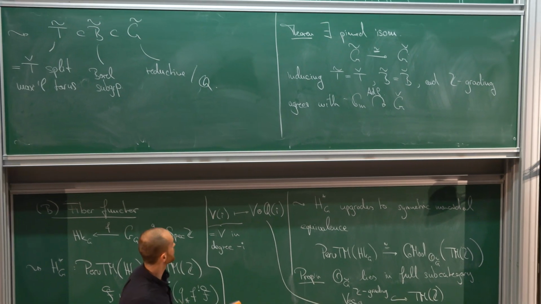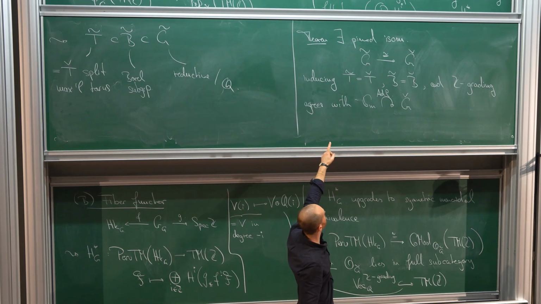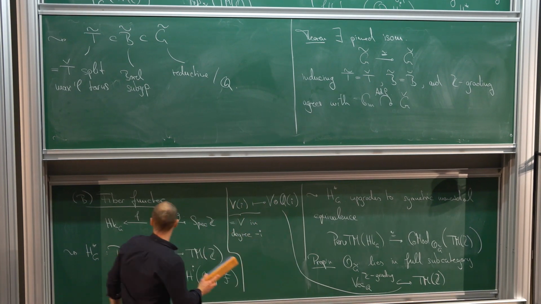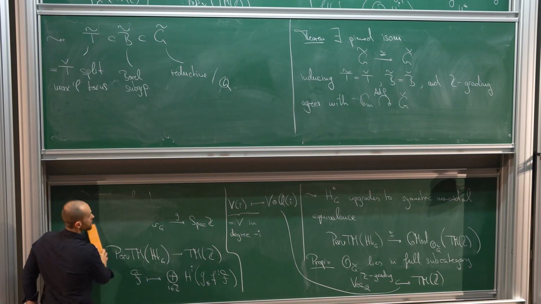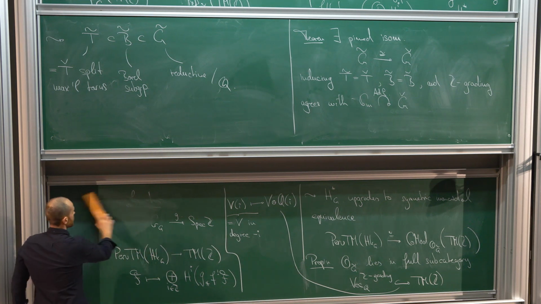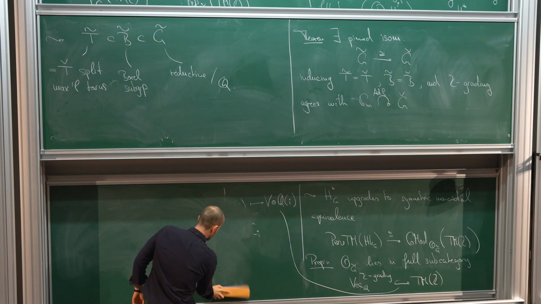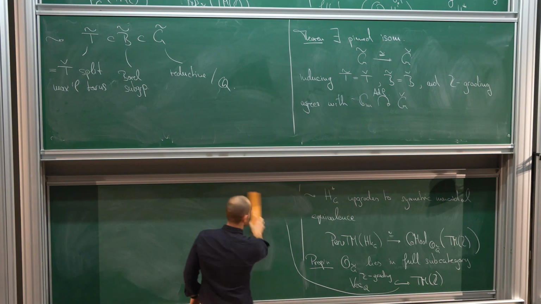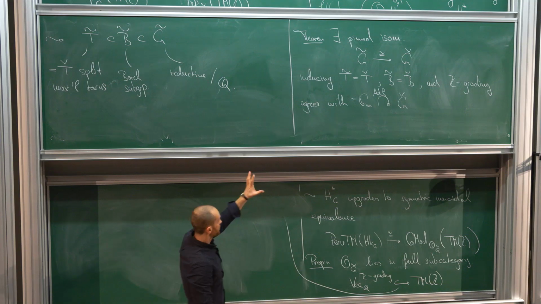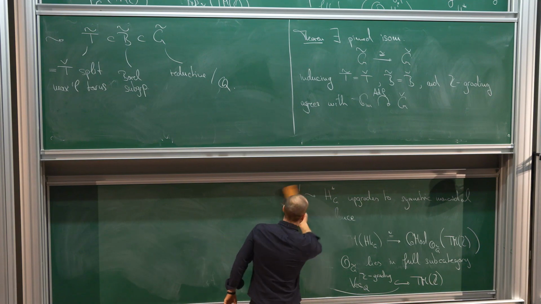I won't have time to comment on this, but if you're interested in how things fit together, just come and ask me. Instead, in the last minute, let me connect this picture to the classical Satake isomorphism.